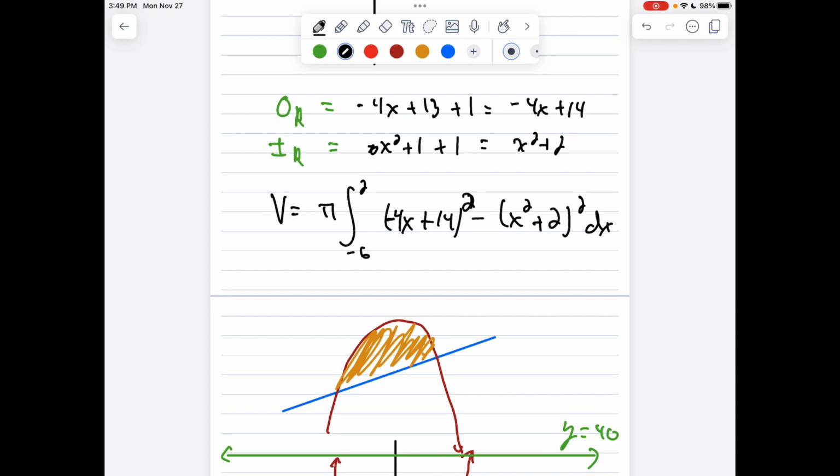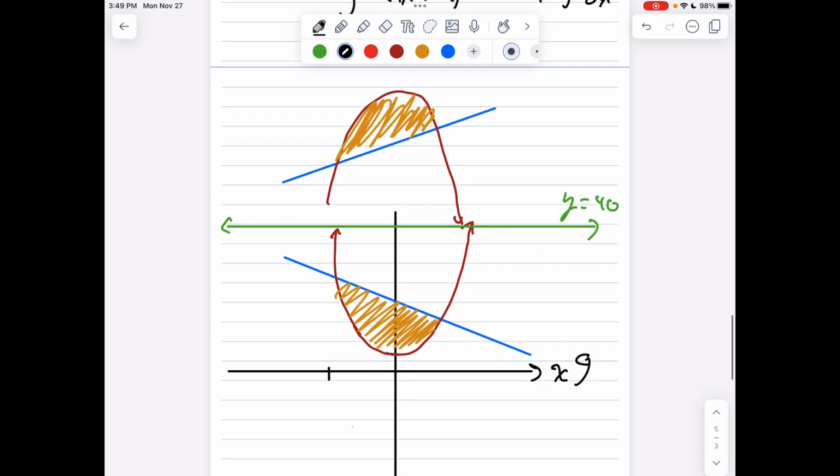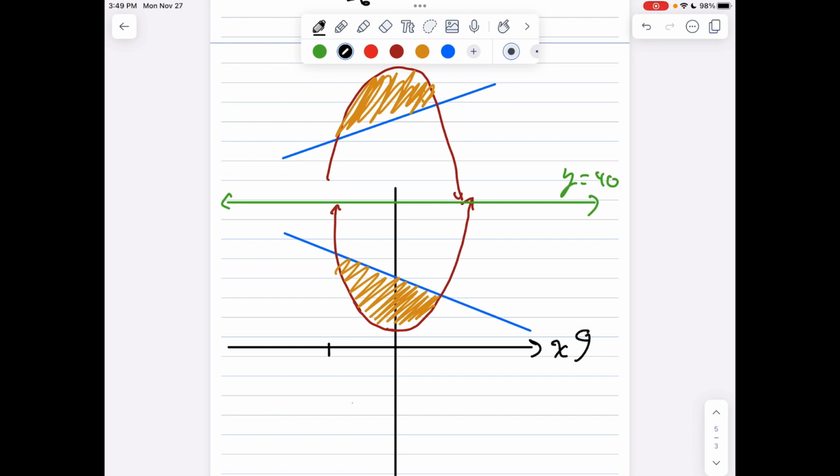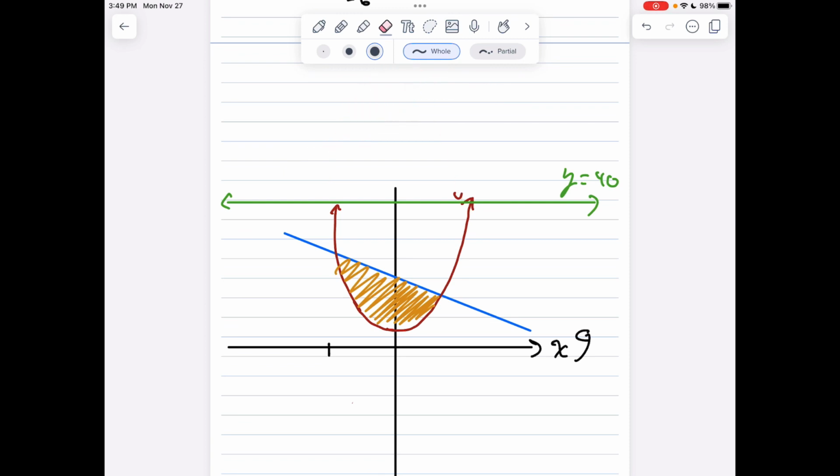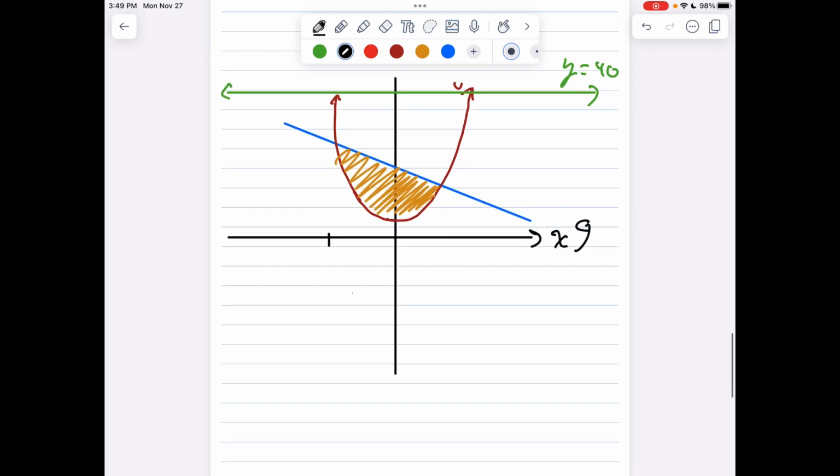And the last one is when we're rotating around the line y equals 40. If you rotate it, you get a picture like the one you see here. You don't really need to draw the picture, but I did it here anyway. So what are our O sub r and our I sub r here?